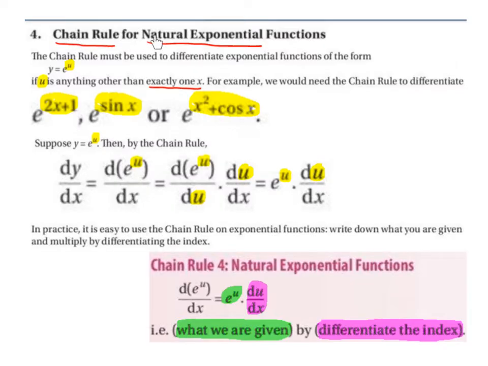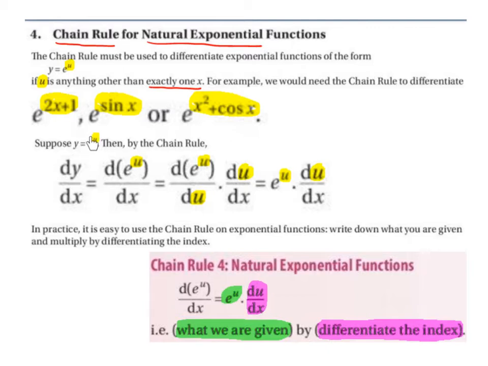Chain rule for natural exponential functions. The chain rule must be used to differentiate exponential functions of the form y equals e to the power of u if u is anything other than exactly x. So for example, we would need the chain rule to differentiate e to the power of 2x plus 1, or e to the power of sine x, or e to the power of x squared plus cos x.